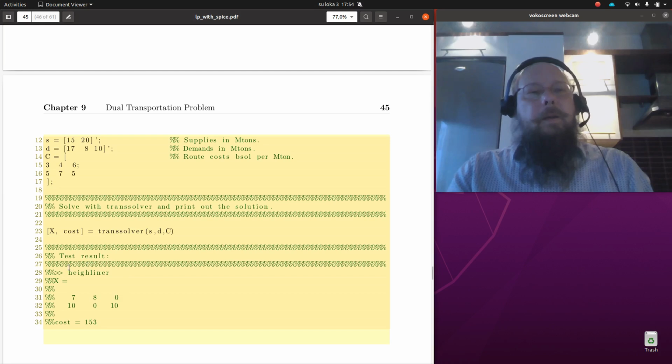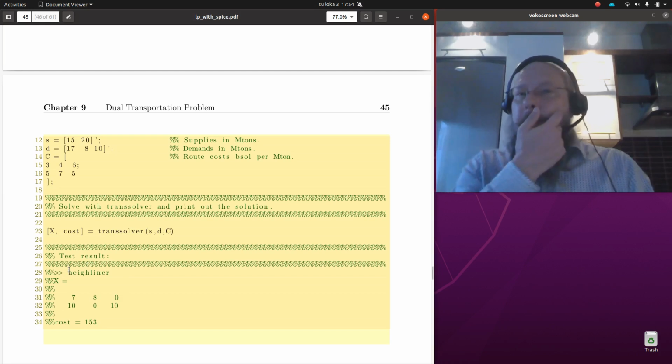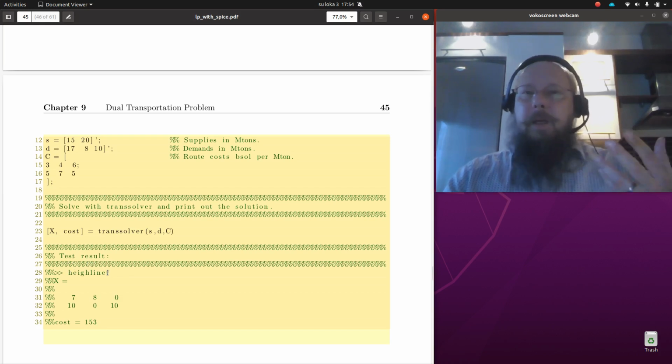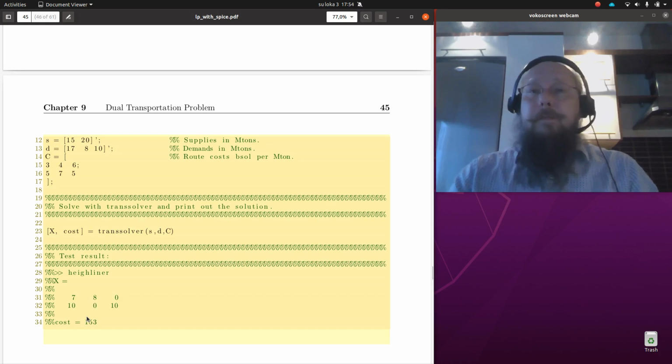And then if you run this on the console, so you just type highliner, once you have this highliner.m and transsolver.m in your current directory, you will get the same solution and the same schedule and same cost, of course.